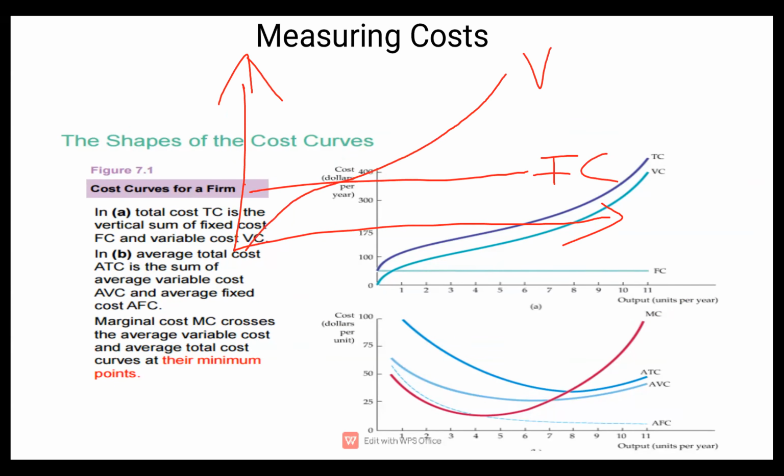This is our variable cost. Now with total cost, the total cost will be this one in blue. It's the sum of these two, okay? Total cost is the sum of fixed cost and the variable cost. So once you add the fixed cost and the variable cost, that's why the graph starts on top of fixed cost. It's always higher than these two, because it's the total sum thereof.